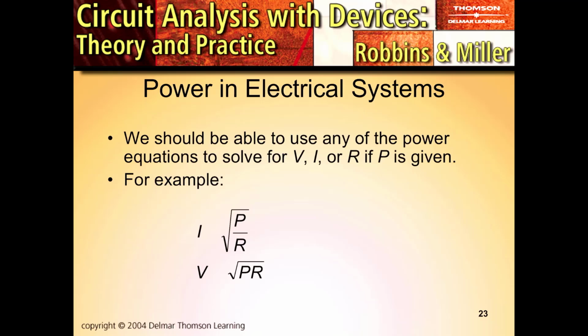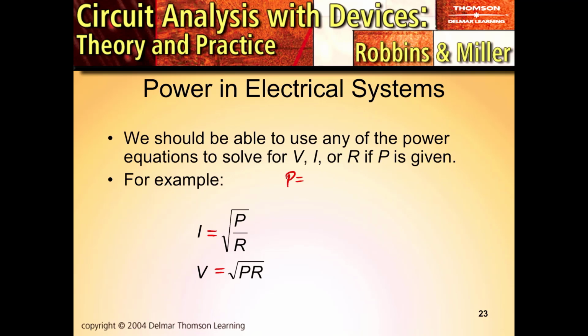So we should be able to come up with any value of V, I, or R if we have P. So if we've got a problem that gives us power dissipation and a value of R, let's say, we could come up with a value of current where I equals the root of P divided by R. Or if we're given a value of P and a resistor, we could determine the voltage across it based on V equals the root of P times R. And where does this come from, of course?